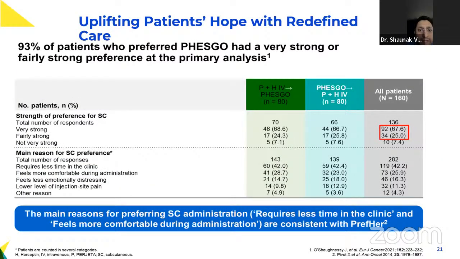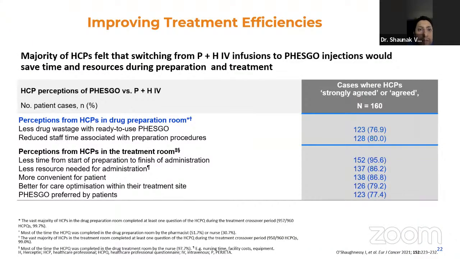So the main reasons for preferring subcutaneous administration are that it requires less time in the clinic and feels more comfortable during administration. Next slide. The majority of healthcare professionals also feel that switching from IV to Phesgo reduces time and saves resources during preparation and treatment.